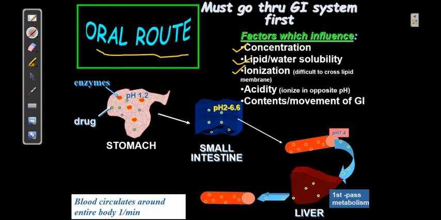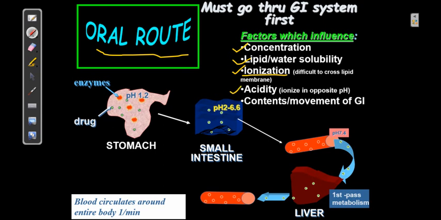The greater the non-ionized part, the better. You know that the ionized part is water soluble, and the non-ionized part is the lipid soluble part. The pH of various compartments, that is stomach and small intestine, will also influence ionization of the drug, and that will definitely change the absorption pattern from that organ.